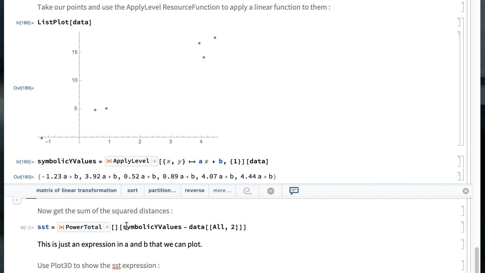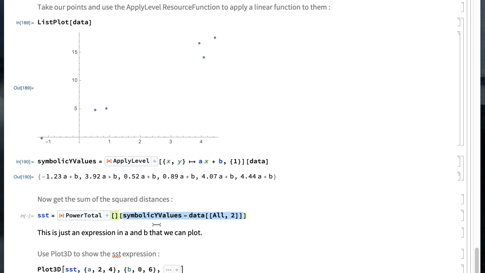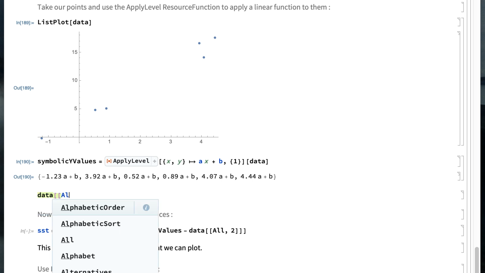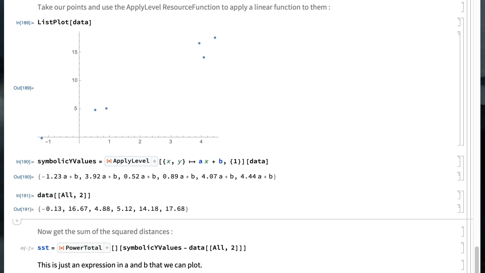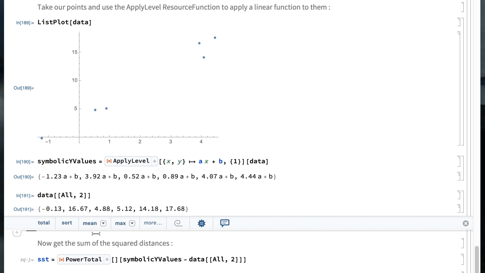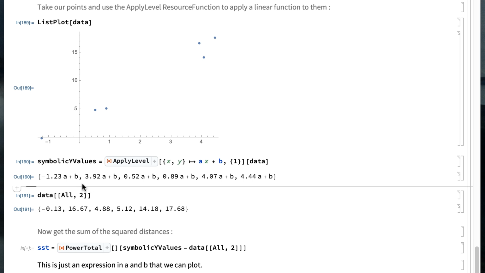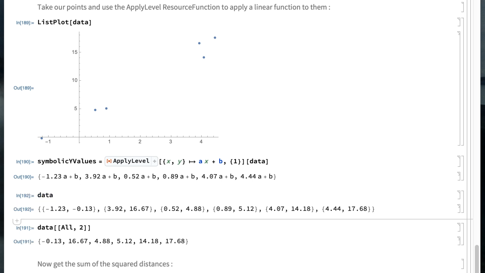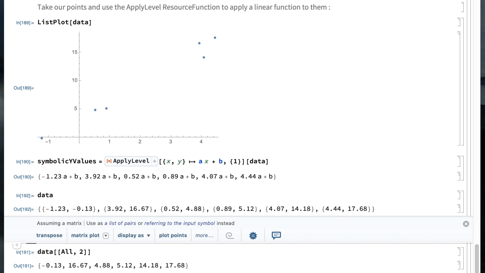And now what we want to do is take these symbolic y values and subtract from them the true values. Let's just refresh ourselves. Those are those points, and if I look at our data, I'm just taking the last value of each point.